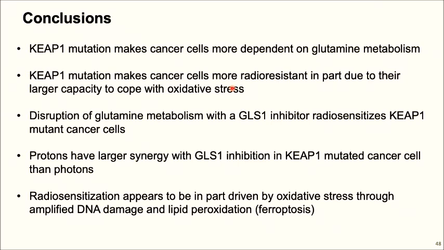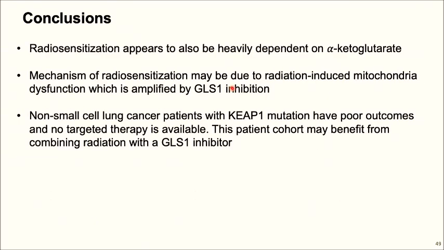As you can see, there's a combination of different mechanisms that is radiosensitizing the cells. The radiosensitization also appears to be heavily dependent on alpha-ketoglutarate. And the mechanism of radiosensitization may be due to radiation-induced mitochondrial dysfunction, which is amplified when we use a GLS1 inhibitor.